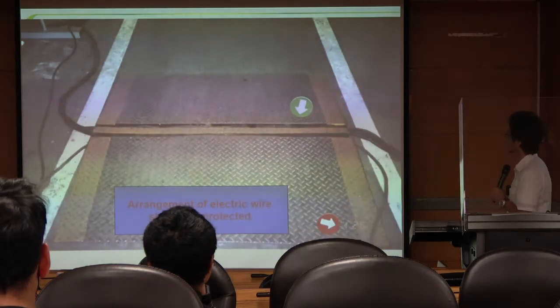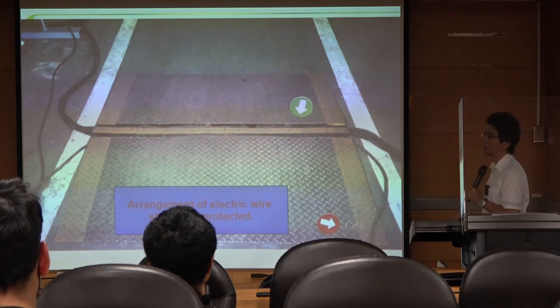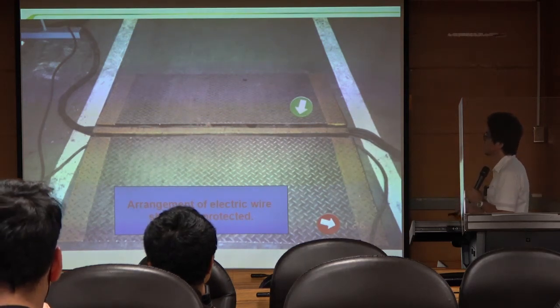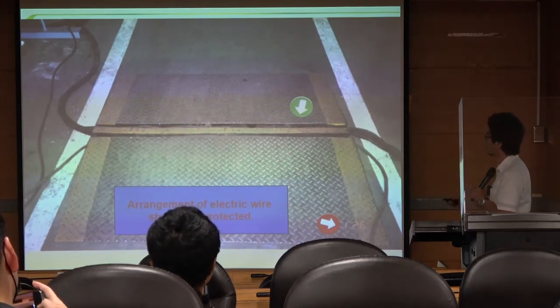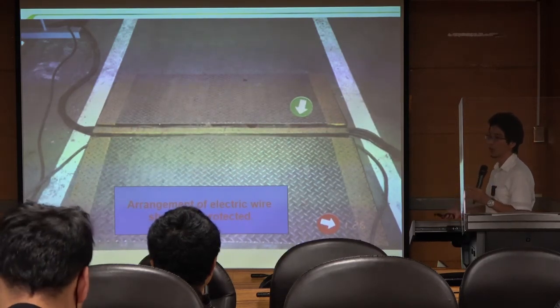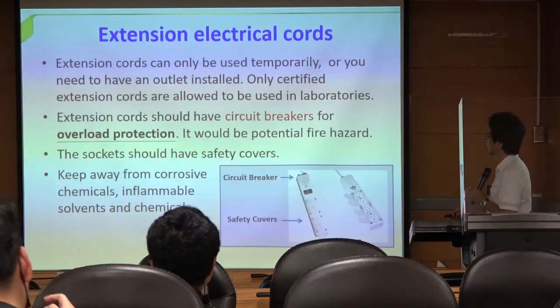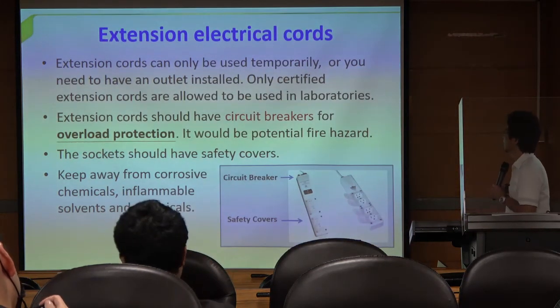Okay. So it's the best way to install the wires on the ground. But I think in the laboratory, you don't have so much space. So just clear the wire on the ground in another way or use tape to fix them.